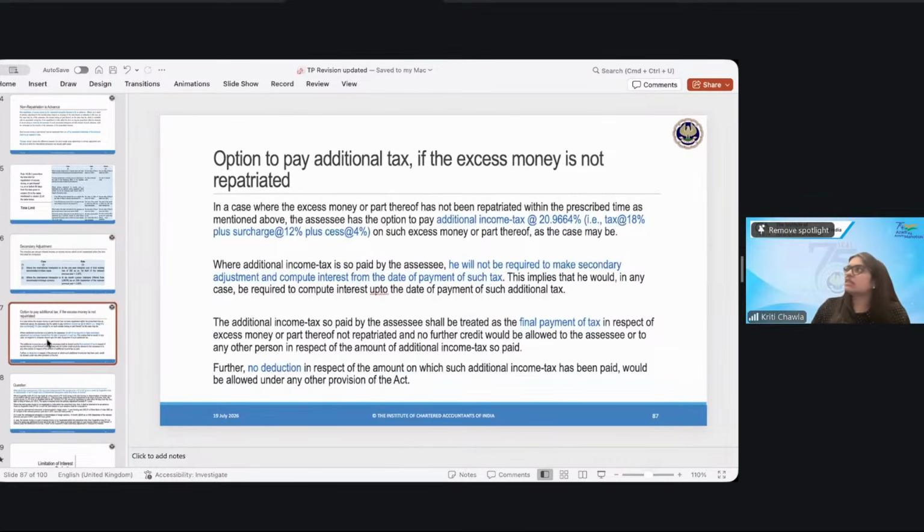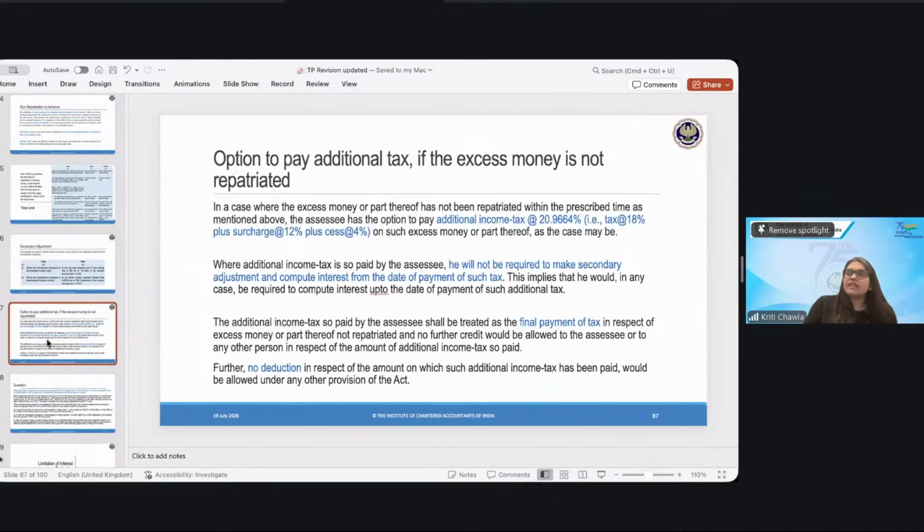Now, this is the last slide when it comes to secondary adjustment. And this is where they talk about an option to pay additional tax if the excess money is not repatriated at all. Now, in a case where the excess money or part thereof has not been repatriated within the time prescribed, as mentioned above, the 90 days, the assessee has the option to pay additional income tax.